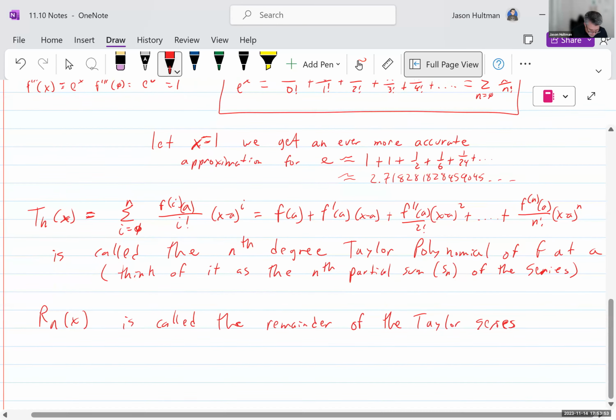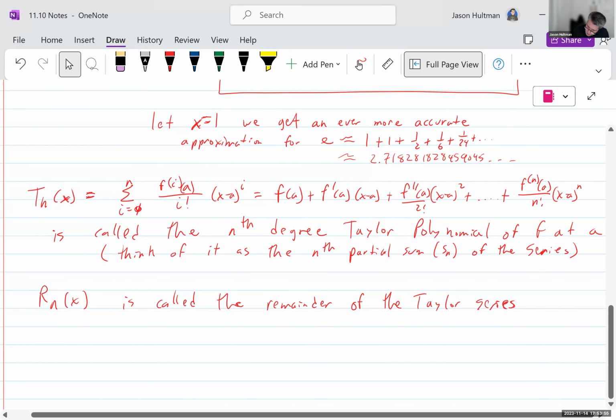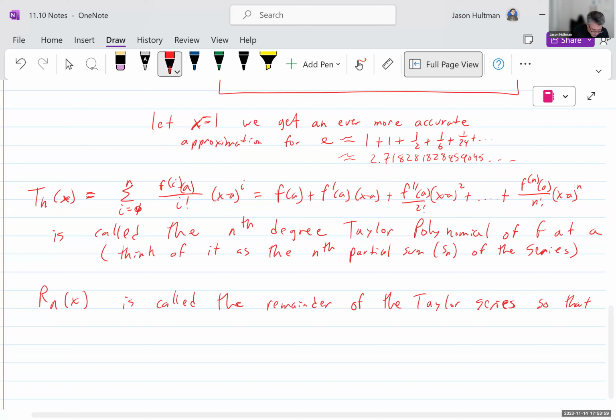So that f of x is equal to T n of x plus R n of x.